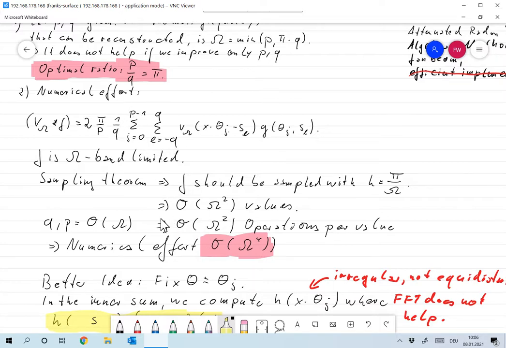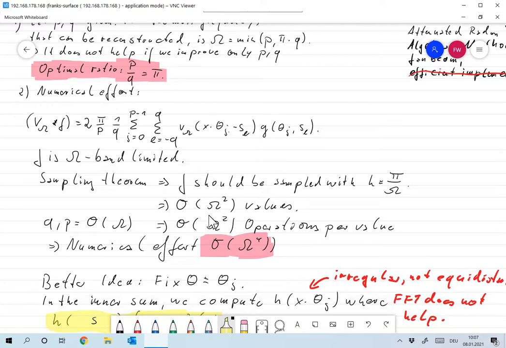So for each of these omega squared points, to compute one of these values, I have something like P times 2Q plus 1 additions. And since both are tied to omega, that means for each evaluation of the omega convolved with f, we need capital O of omega squared operations.